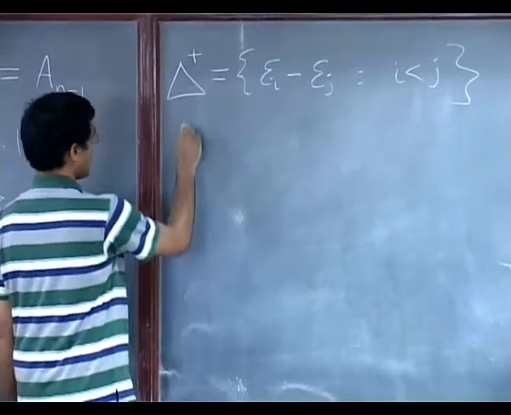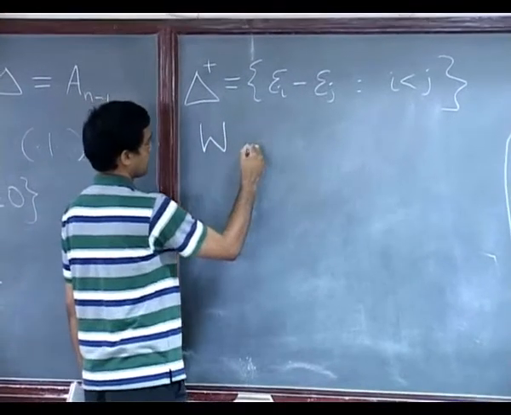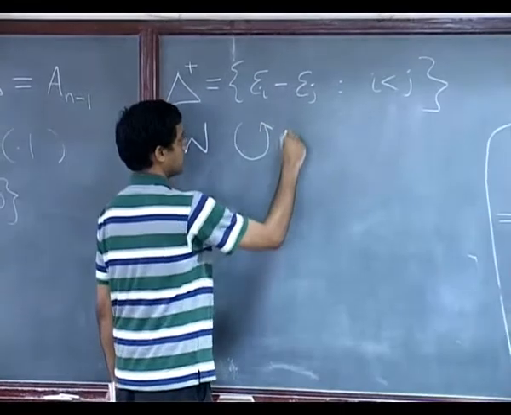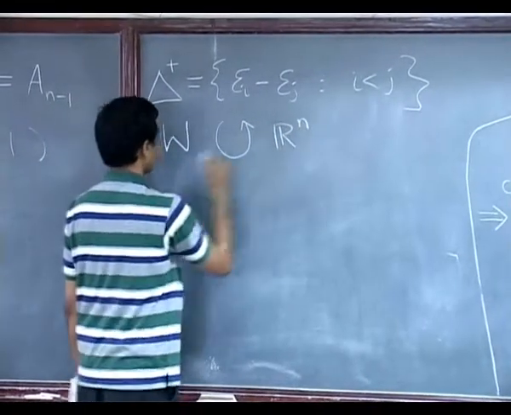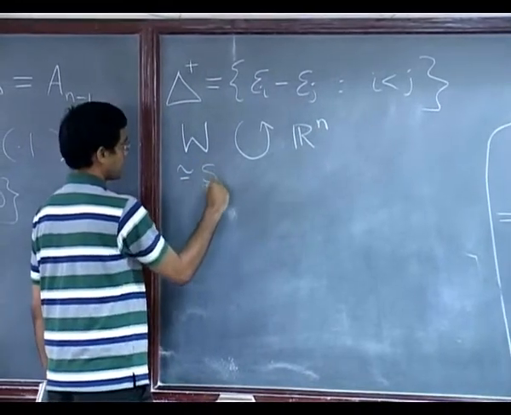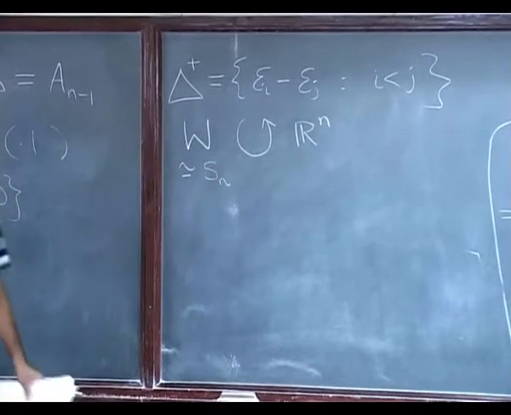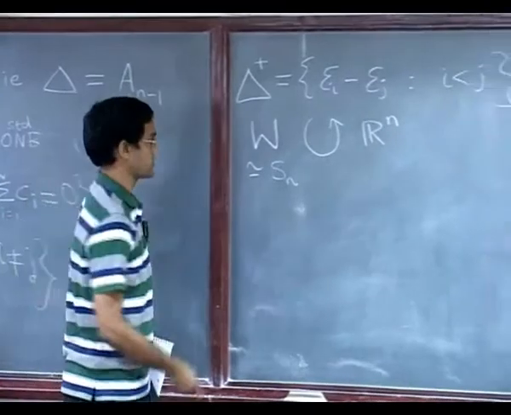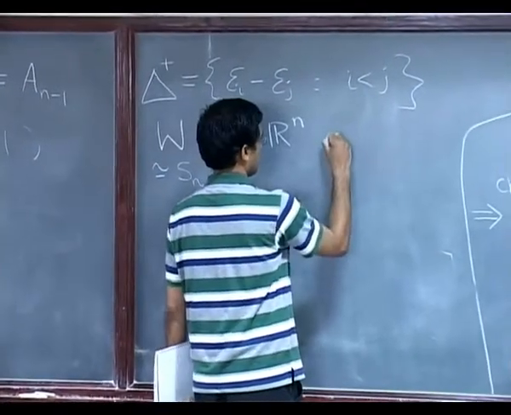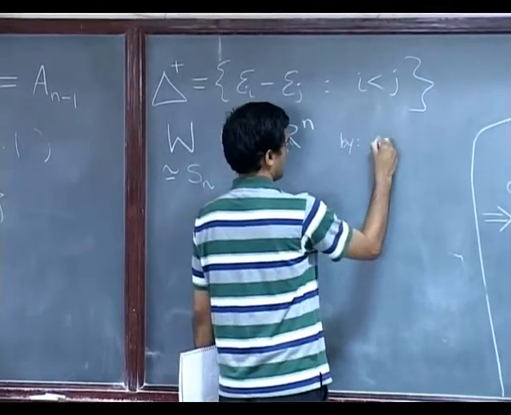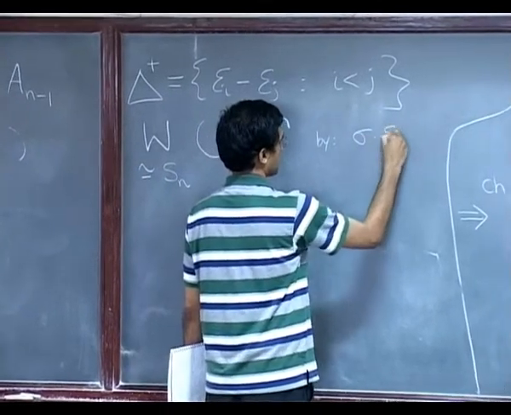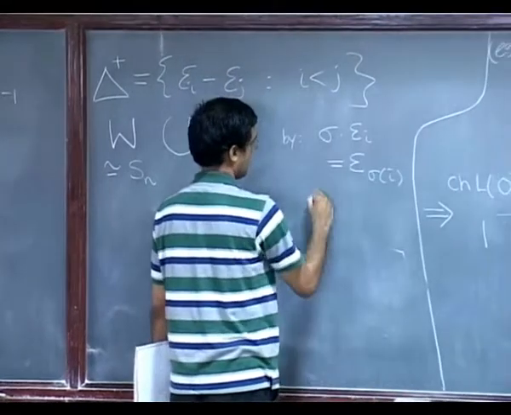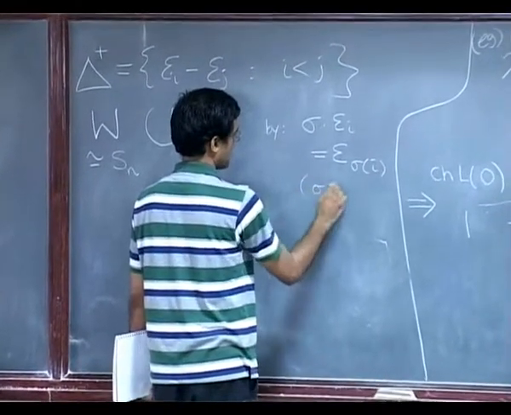We need the Weil group, and again something that we saw, the Weil group turns out to be isomorphic to the symmetric group S_n, acting on the ambient space R^n by permuting the epsilon i's. So how did it act? You take an element sigma of S_n, and it sends epsilon i to epsilon sigma(i).